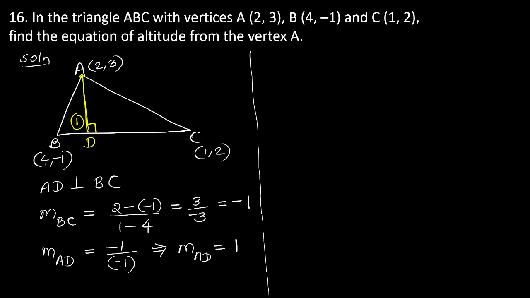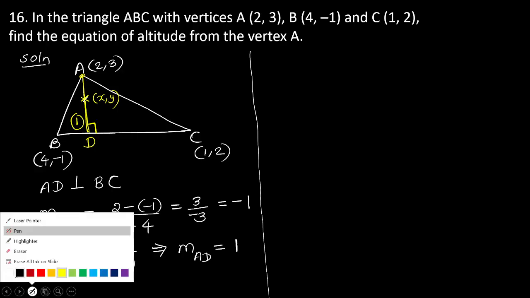Slope of AD, I got. Now, look here. Slope is available, and I want the equation of the line AD. Slope is available, point is available. Can I use the slope point form? Yes. For slope point form, we assume x comma y is a point on the line and just equate the slope.